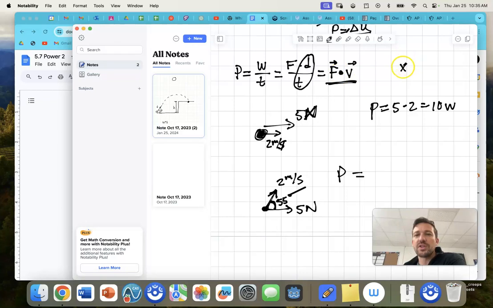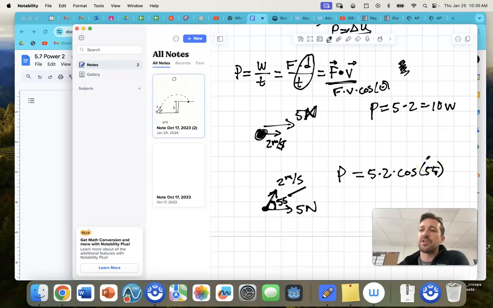Now, I didn't really go into vectors very much because the AP exam doesn't really use them very much. But I know you guys are taking calculus-based physics, and I want to make sure to hit on everything here in case you run into it. Okay, so this dot means it's force times velocity times cosine of the angle that's between them. That's what the dot means. So if you were going to do this, it'd be 5 times 2 times cosine of 55.